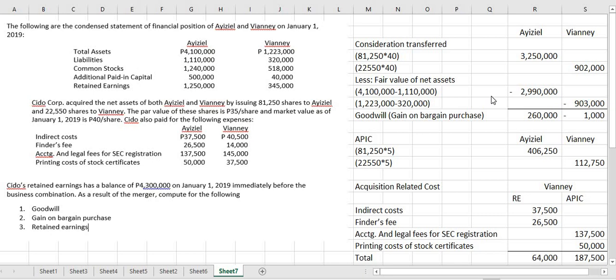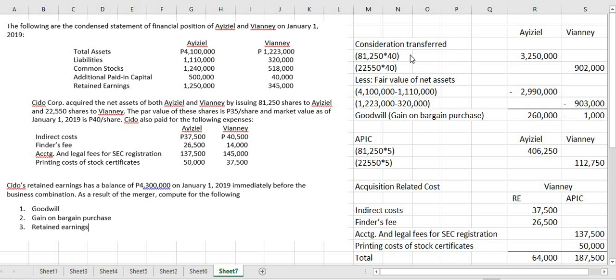So, as what I've said kanina, if there are two or more acquirees, individual mo i-compute yung goodwill and bargain. So, we have here consideration transferred, that's 81,250 shares kay IZL and then 22,550 shares kay Vianney.